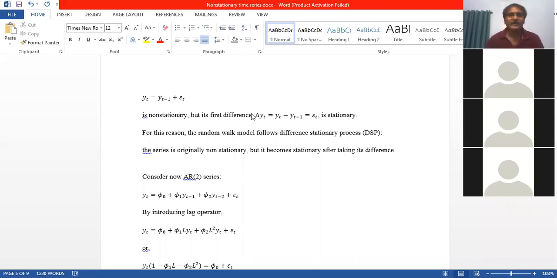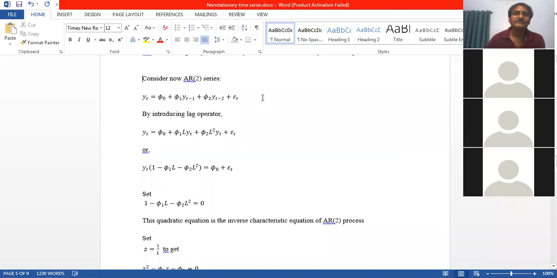Okay. Now let us extend our analysis for AR2. Consider AR2. So try to write down the expression for AR2 independently just by looking at this expression in your exercise book. So AR2 is specified as yt is equal to phi naught plus phi 1 yt minus 1 plus phi 2 yt minus 2 plus epsilon t.